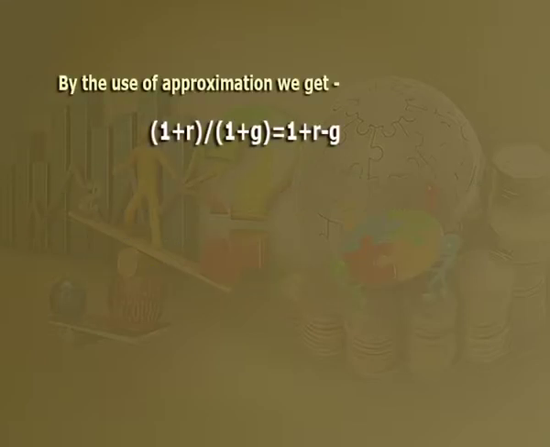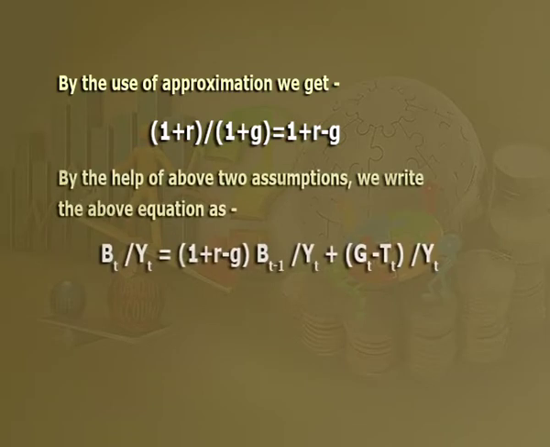By the use of approximation, we get (1 plus R) whole divided by (1 plus G) is equal to 1 plus R minus G. By the help of the above two assumptions, we can write the above equation as Bt divided by Yt is equal to (1 plus R minus G) into Bt minus 1 whole divided by Yt plus (Gt minus Tt) whole divided by Yt.